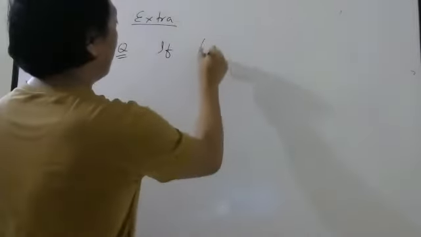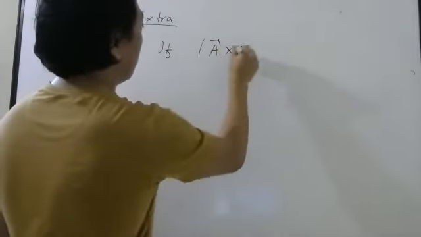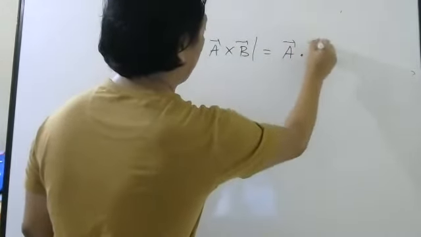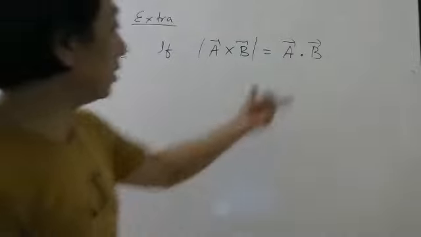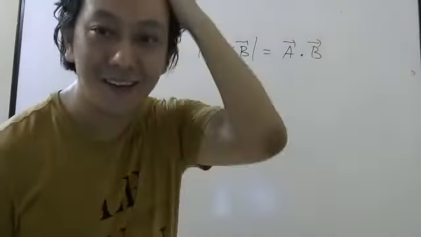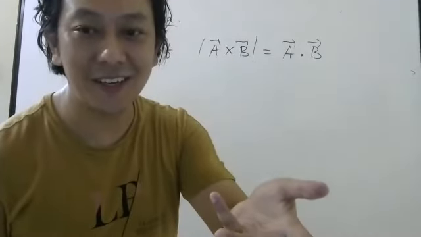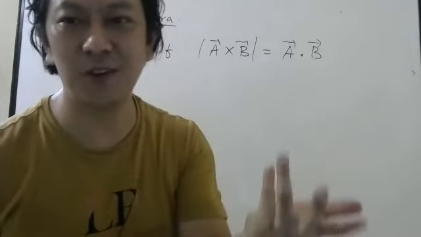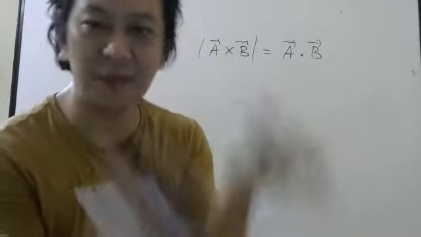If the magnitude of A bar cross B bar is equal to the dot product of A bar and B bar. Here no need to write magnitude for the dot product, because the dot product gives you what quantity? Scalar quantity. For a scalar quantity we don't take magnitude, we know it is magnitude.